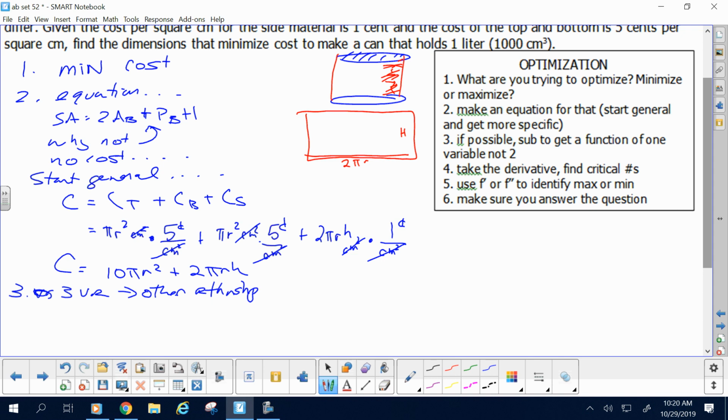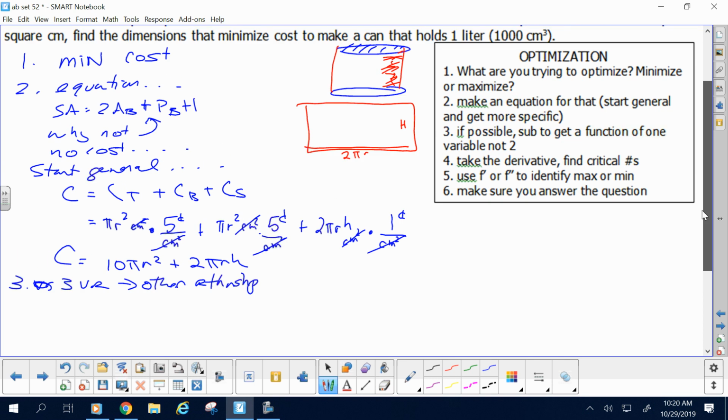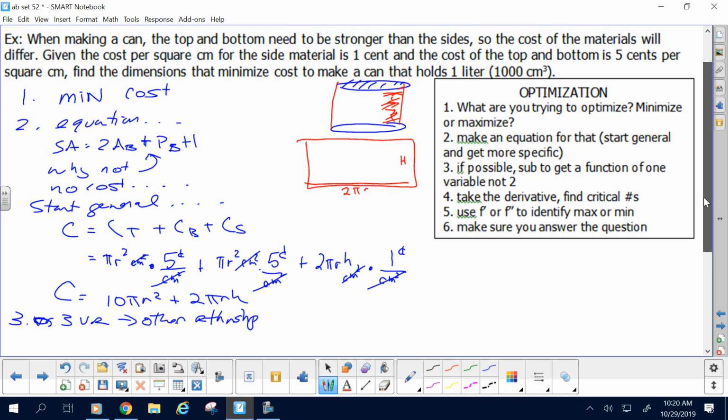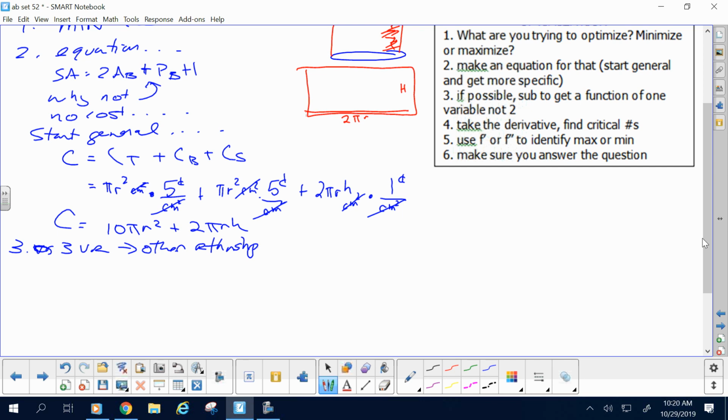Surface area? Volume. Boom. What does it have to hold? 1,000. Volume needs to be 1,000, and what is the volume of a can? Formula-wise, pi r squared times height, not a third pi r squared? No. That's a cone. This is not a cone.